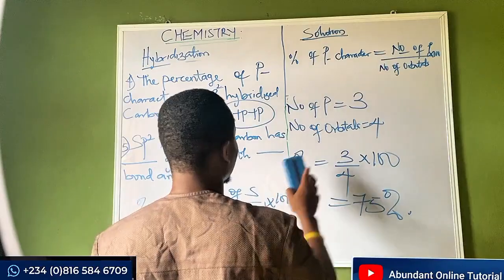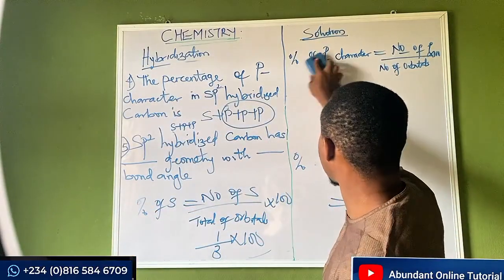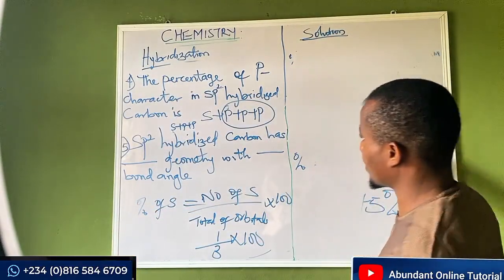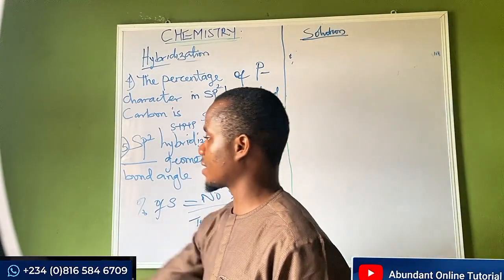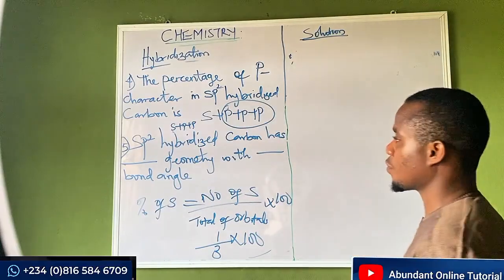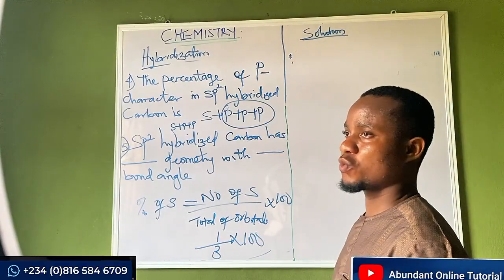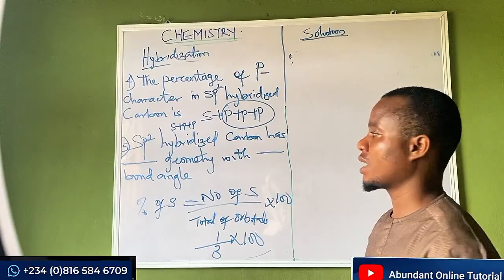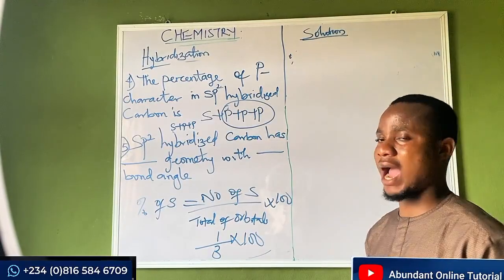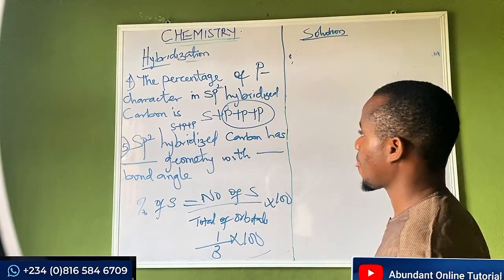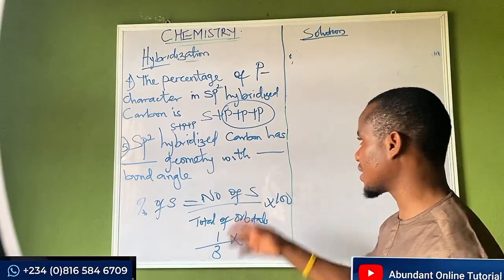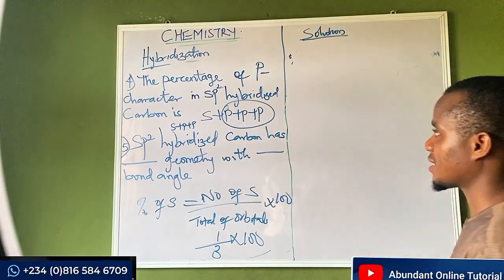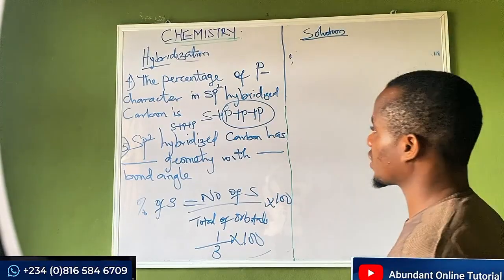All right. So for this one, the third one says sp2 hybridized has dash geometry. I've told us that when you hear the word geometry, it's still the same thing as shape, with dash bond angle. sp2 hybridized carbon has dash geometry with dash bond angle.